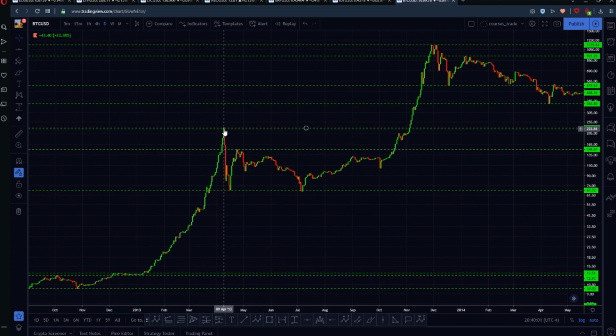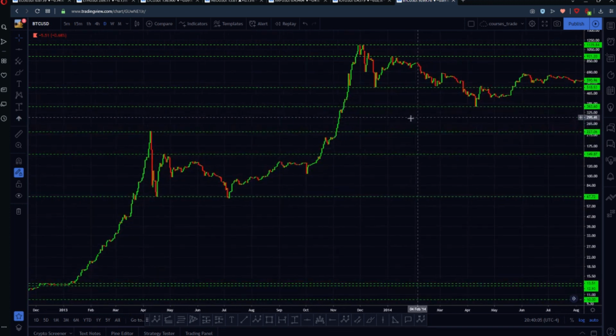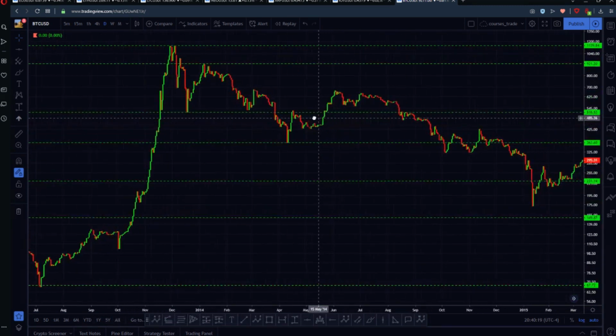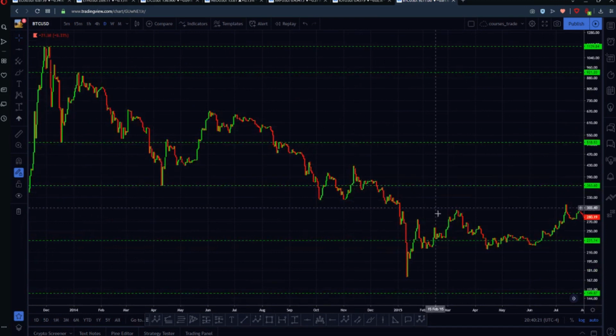This line is pretty old, and we violated it. We had some reaction over here, but it didn't hold too much, so definitely the supply was not enough to create a serious reaction.